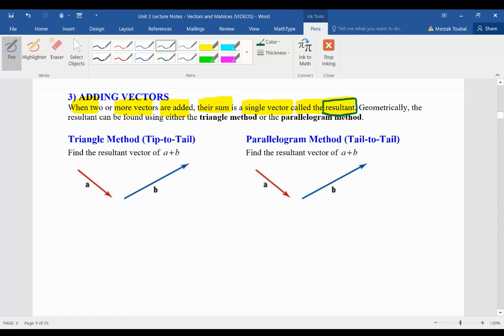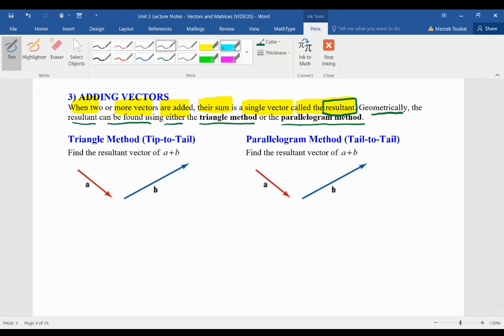It's like adding two real numbers, you end up with one number. Now, geometrically, the resultant can be found using either the triangle method or the parallelogram method. So these are the two different methods to add vectors geometrically.